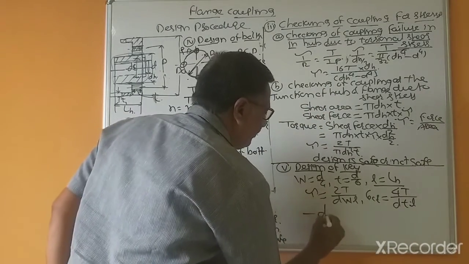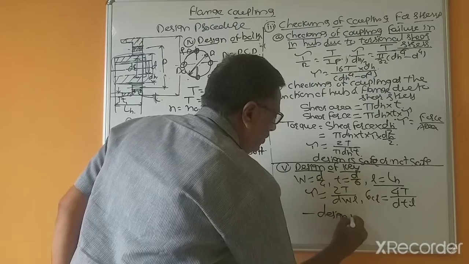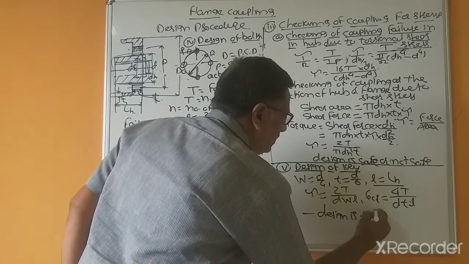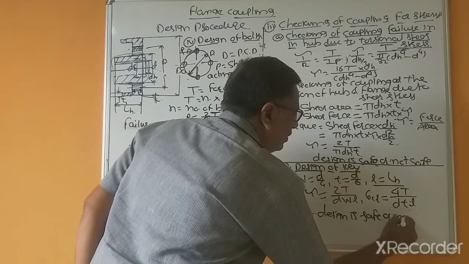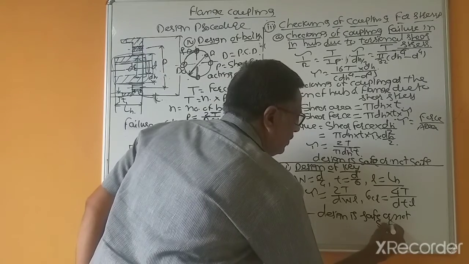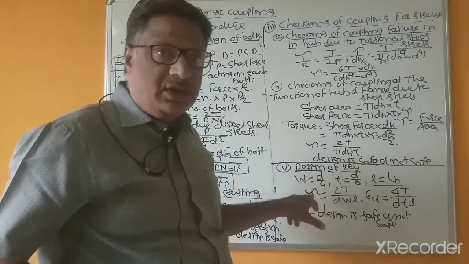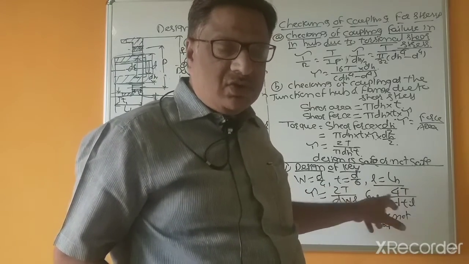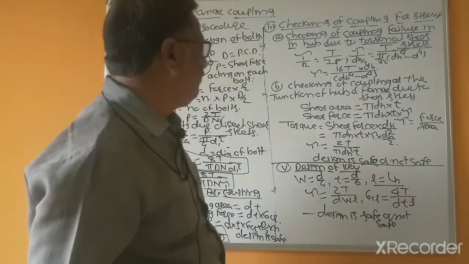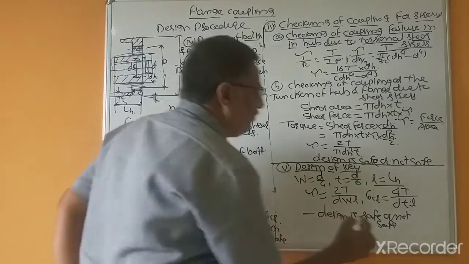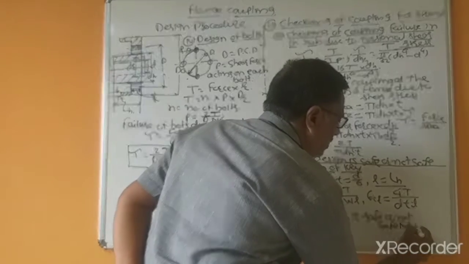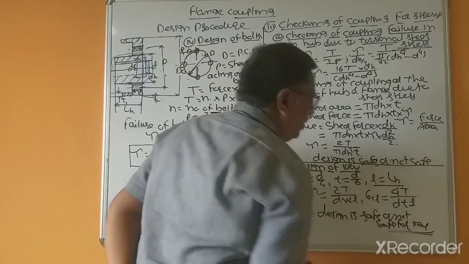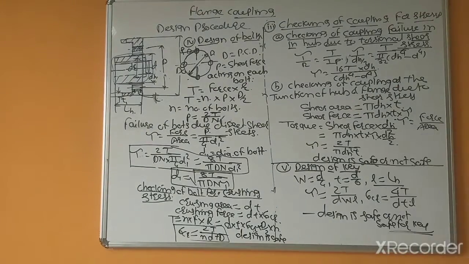Now, is the design safe or not safe? If the calculated value of the shear stress and the calculated value of the crushing stress are within limit, you can say the design is safe for the key. So this is the last step.